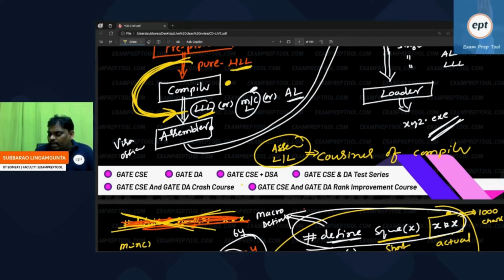These are known as cousins of the compiler. Just write this line also: in the language processing, after the compiler, whoever is helping, those are known as cousins of the compiler. Those are assembler, linker, loader.